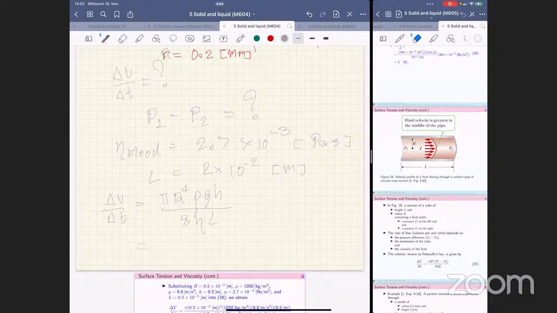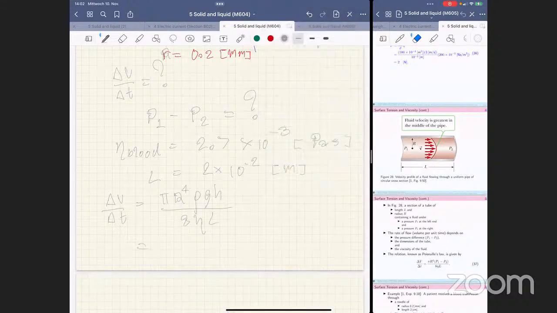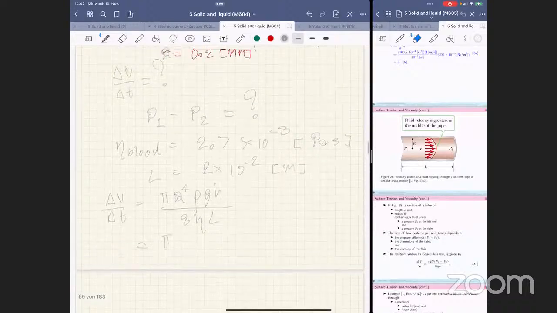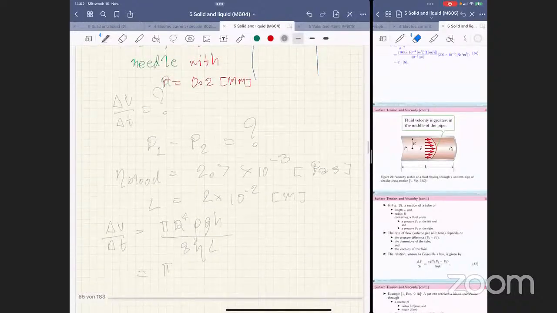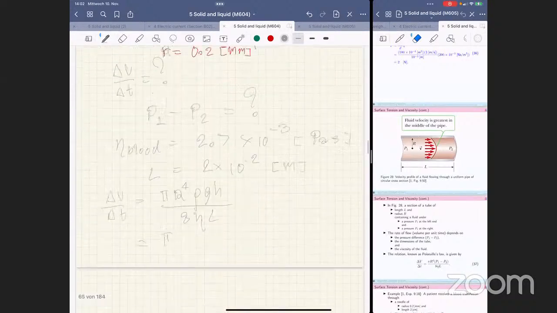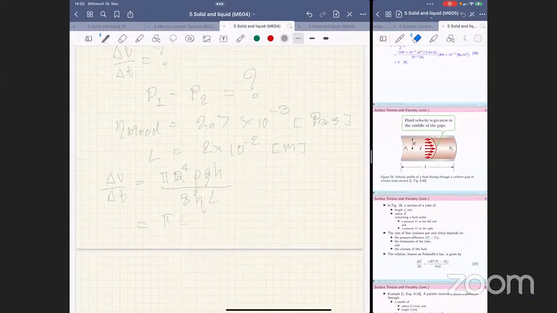So now let's substitute everything into this. Pi is pi, and the radius R is 0.2 millimeter, or simply speaking, 0.2 times 10 to the negative 3 meter, right?